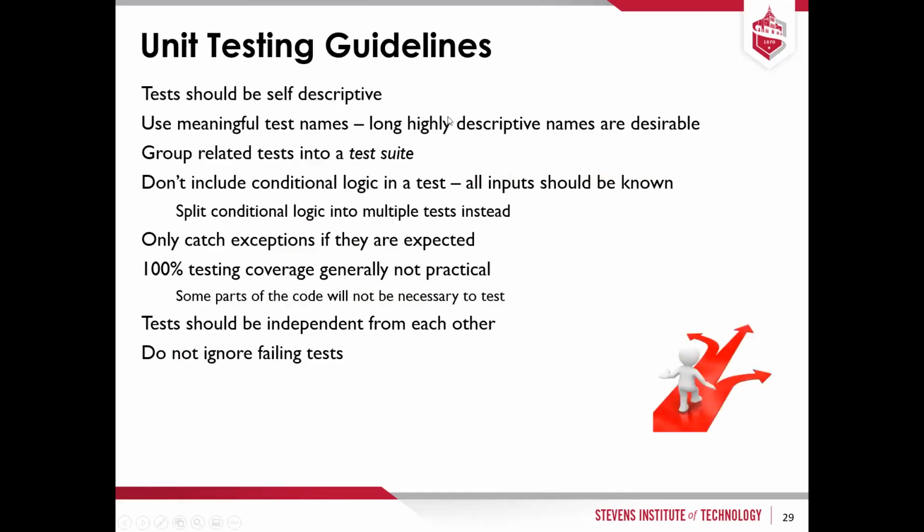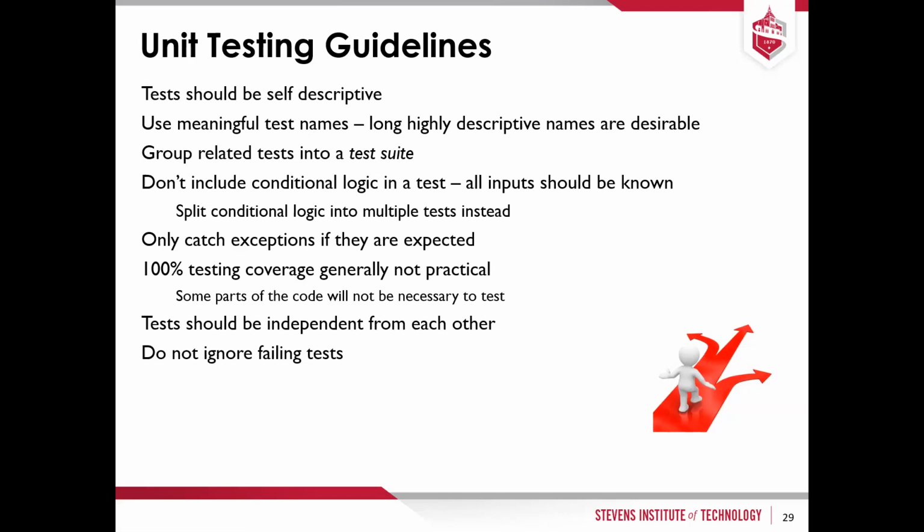So for the guideline, the test should be self-descriptive, like any other code that we have. From the variable names, we can guess. We need to have comments. We need to follow all different coding standards. We need to use meaningful names. We group related tests into a test suite. We don't include conditional logic in a test.